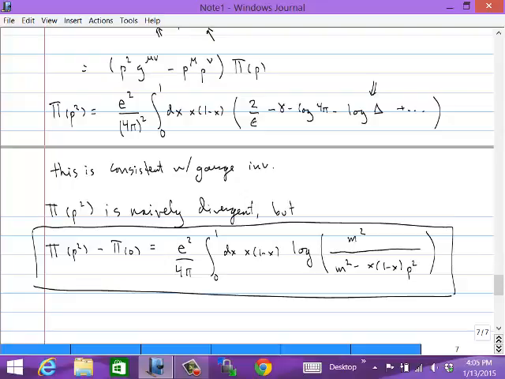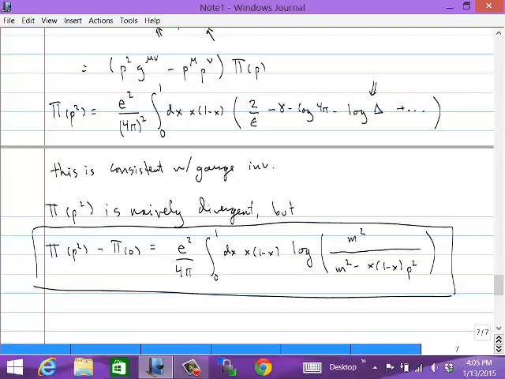This is a completely finite quantity. There's no divergences anywhere. It's a function of p, which reflects the fact that the electric charge is effectively a function of the scale at which you probe the system. And next class, what we're going to do is spend some time studying the physics of this answer.